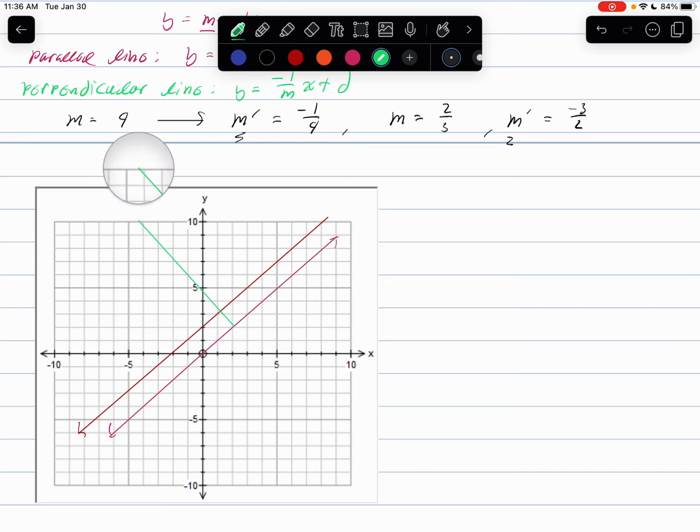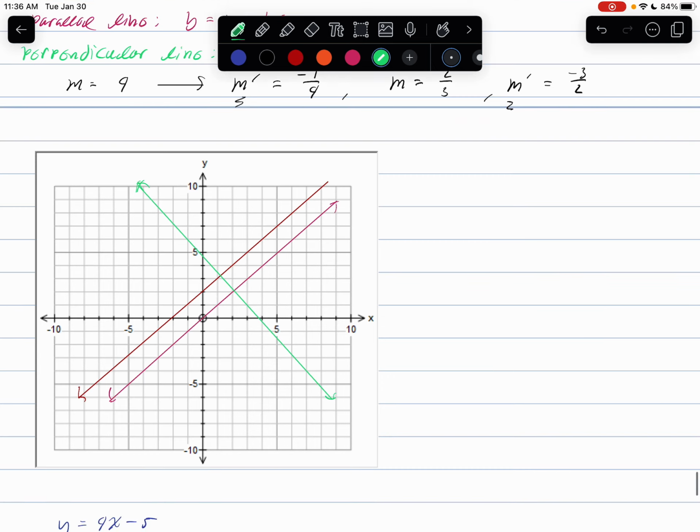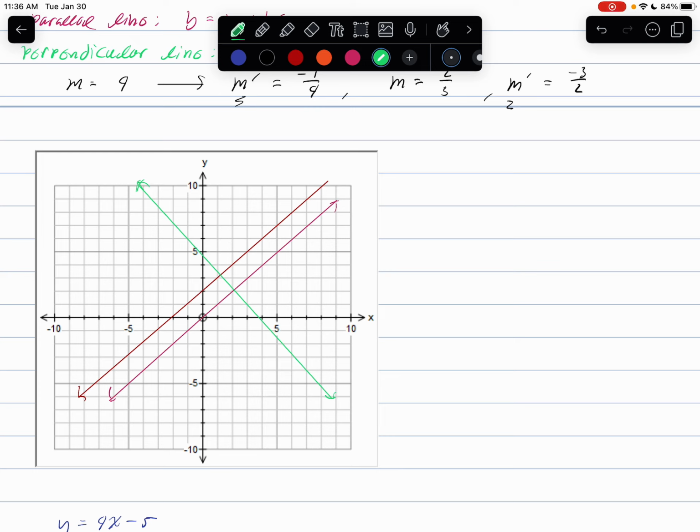So in this case, we're actually going to have this line with a slope of negative 1, okay? So now it's going down at the same steepness, but just in the opposite direction, if that makes sense, at least for this example here, okay? So they form exactly a 90-degree angle here between these two lines, all right?